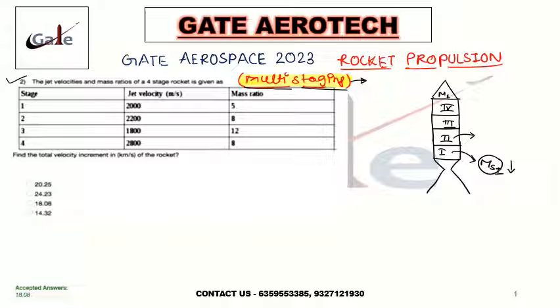When the mass of the rocket is less, we will get more velocity, or more change in velocity. This is the basic advantage of using multi-staging of a rocket.